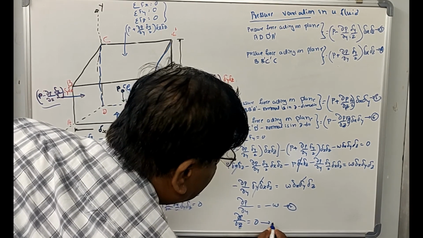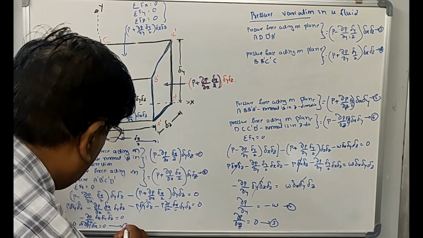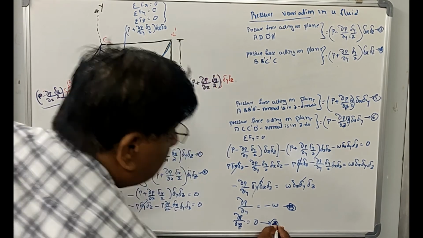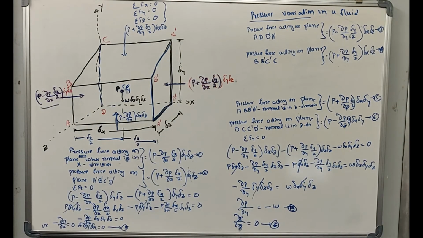So from these equations, you can call them A, B, C. So you observe equations A, B, C. Equation A, that is ∂P by ∂x equal to 0. It means that the pressure variation in the x direction, that is in the horizontal direction, is 0.